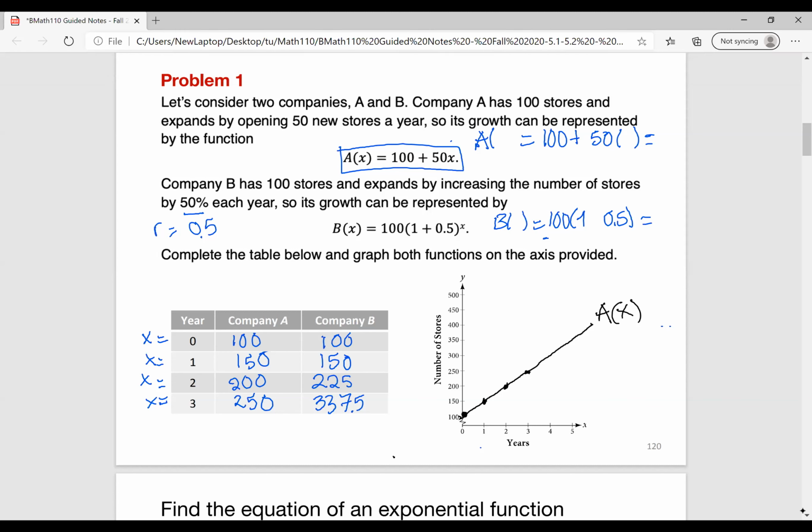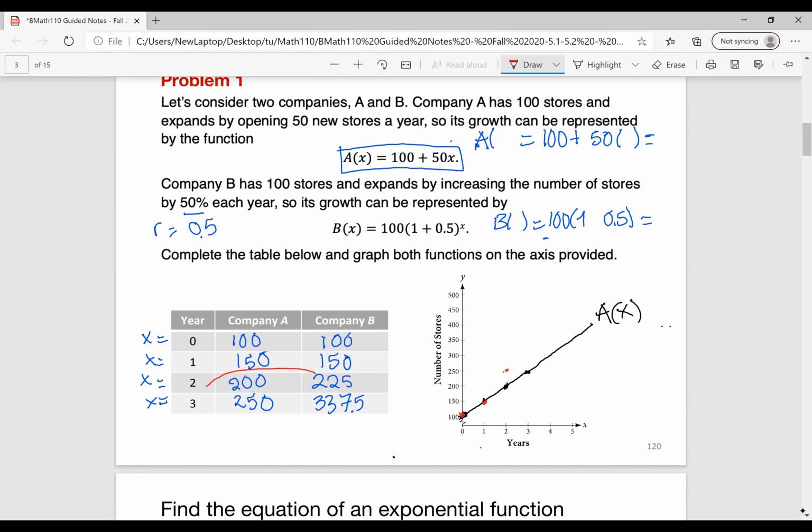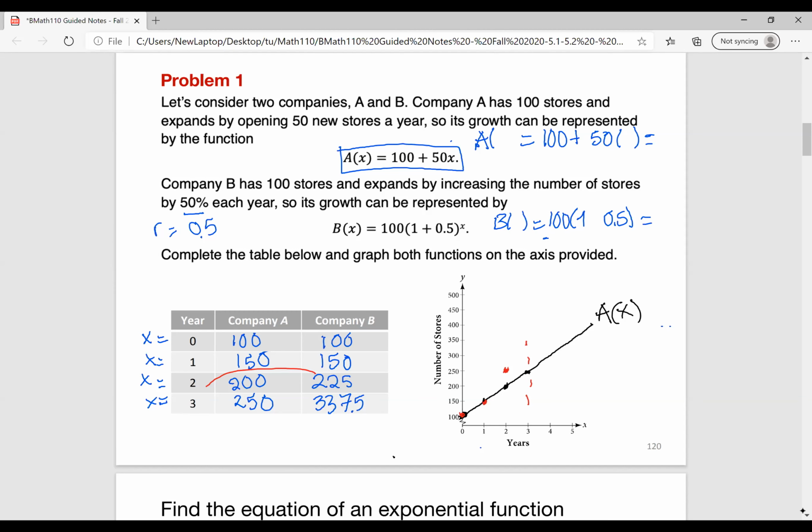So company B also starts at 100, then 1, 150, and 2, 225. So 225 is going to be here, and then 3, 337.5. I'm going to say around here.